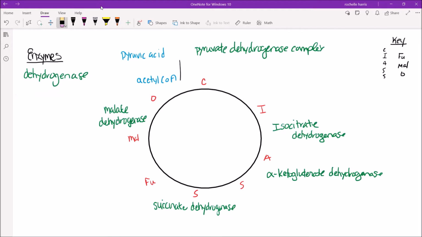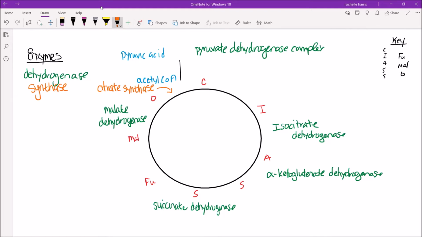Now, our next two enzymes are synthase enzymes. We find one of them here, citrate synthase, between oxaloacetic acid and citric acid.